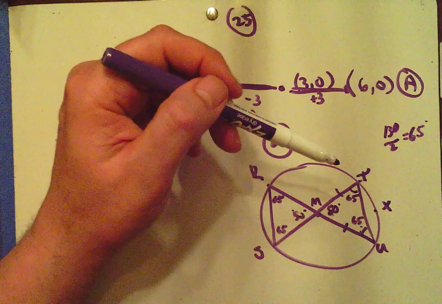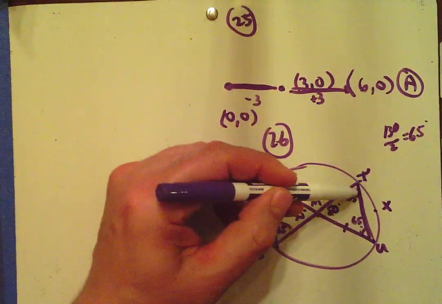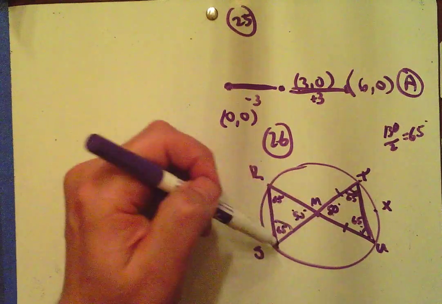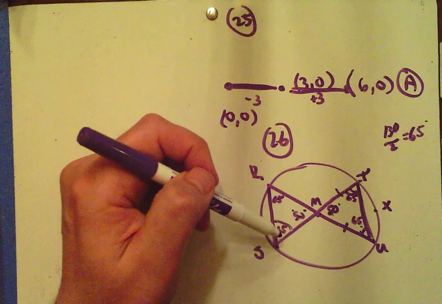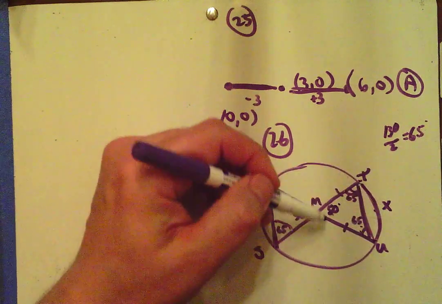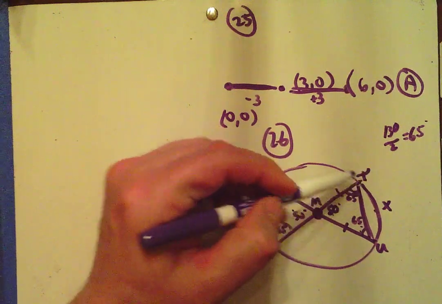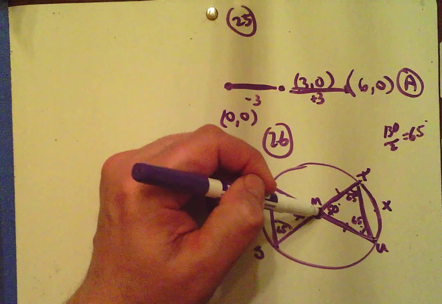TU is parallel to RS. Well, this must be parallel to this because the alternate interior angles are congruent. And arc TXU is 50 degrees. Well, we know that this is a central angle because the vertex is at the center.